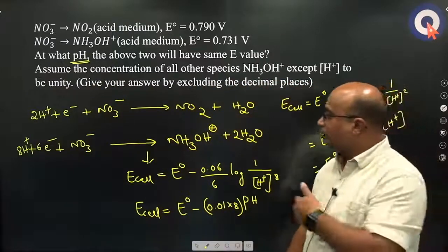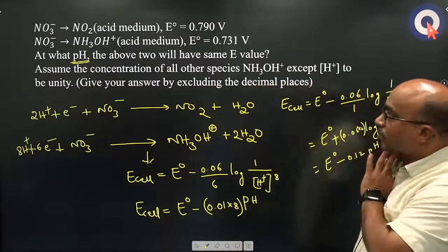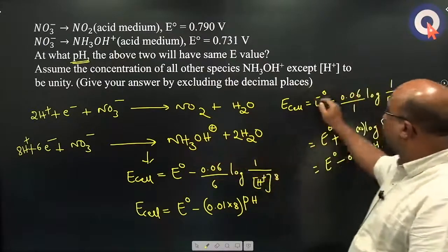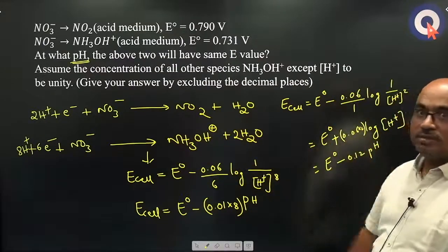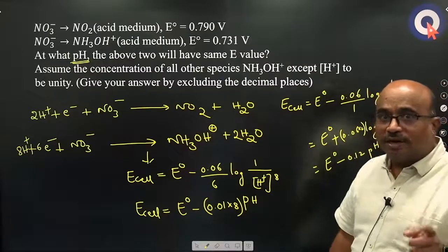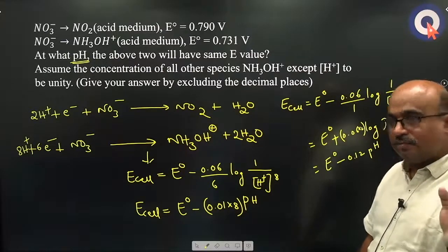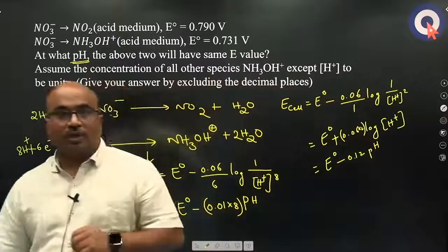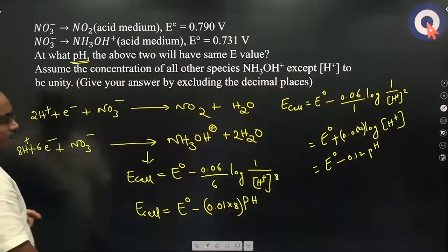It's again only just a substitution. Clear? So E naught of this you have to write, E naught of this you have to write here. So you have to predict where they become equal. Clear? Now, coming to the next.